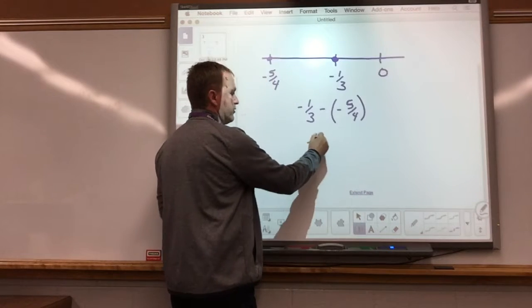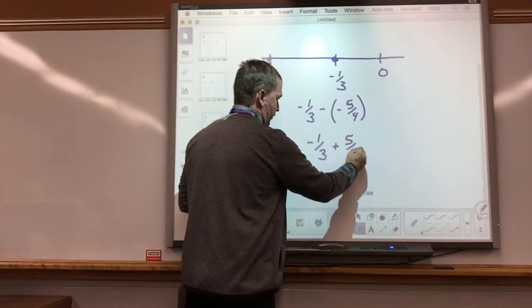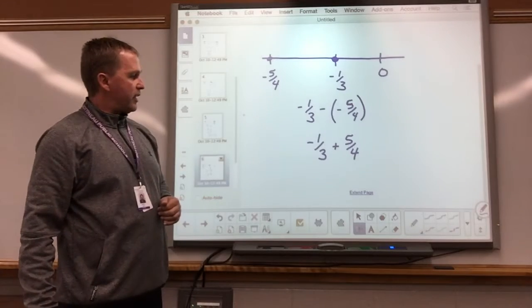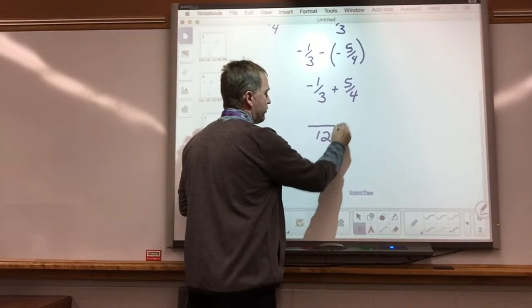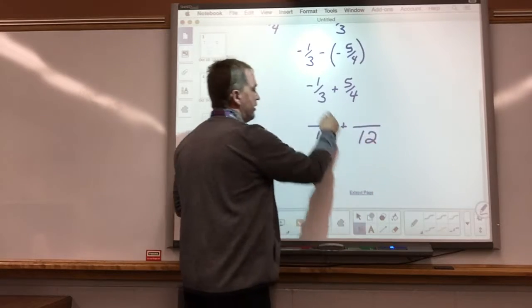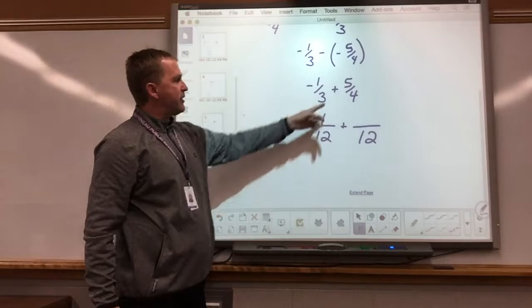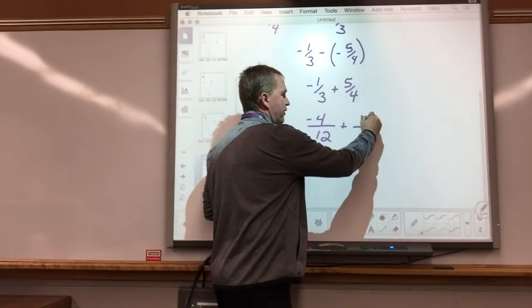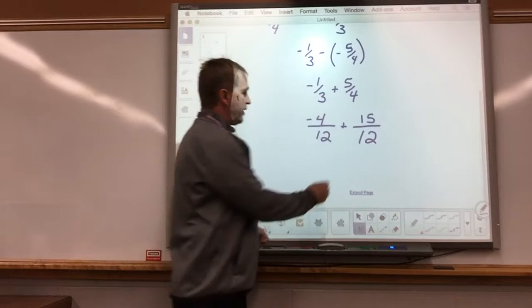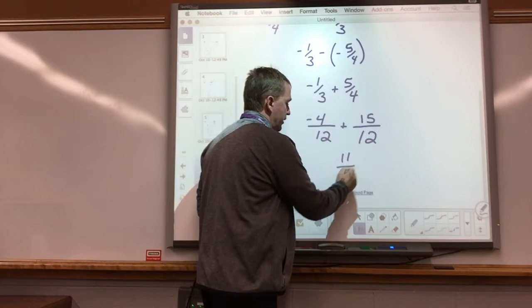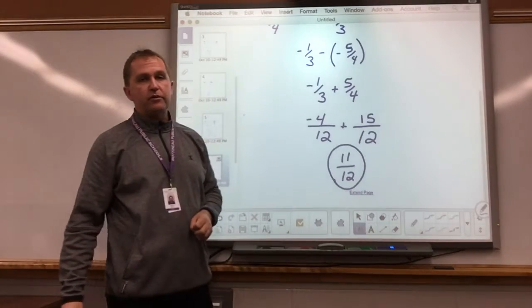Again, with a little bit of algebra, 2 negatives makes a positive, and I'm going to have to work my way through with a common denominator, which would be 12. So we'll have 12 here, 12 here. 1/3 is the same as 4/12, but remember it's negative in this case. This would be the same as 15/12. And I'll now combine my negative 4 and my positive 15, which gives me an answer of, I believe, 11/12 for the answer, and that is how far those are apart.